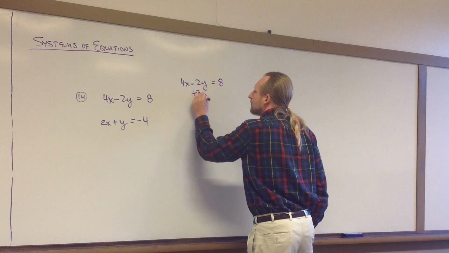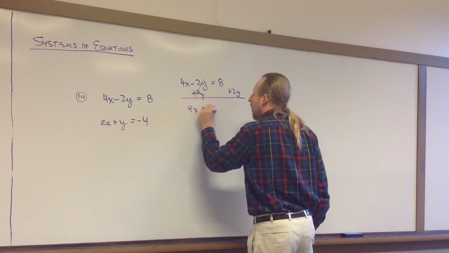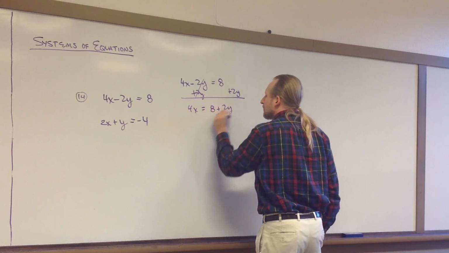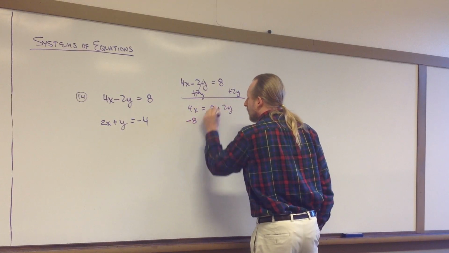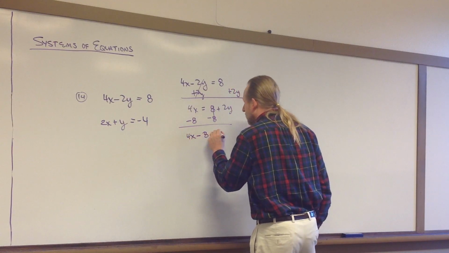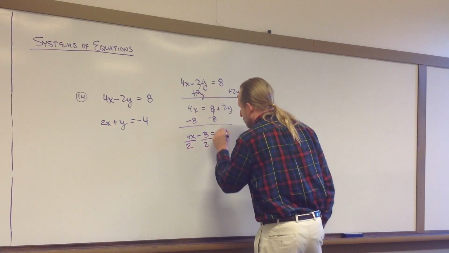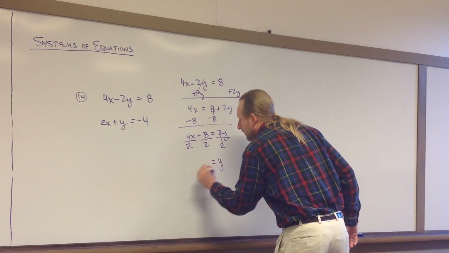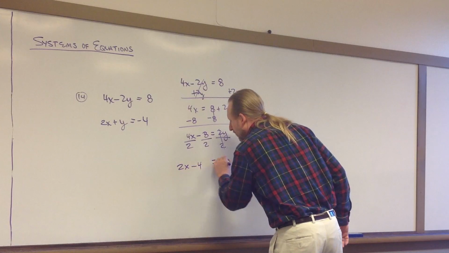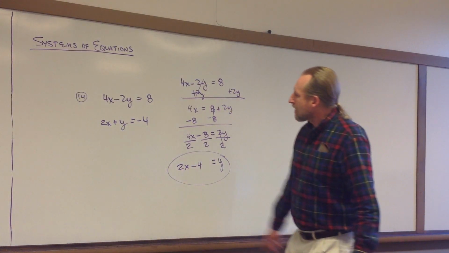I'm going to add the 2y to both sides, and then subtract the 8 to go over with the x. 4x minus 8 is 2y, and then we've got to divide everything through by 2. So y is equal to 2x minus 4. So there's one of the lines that we're working with.